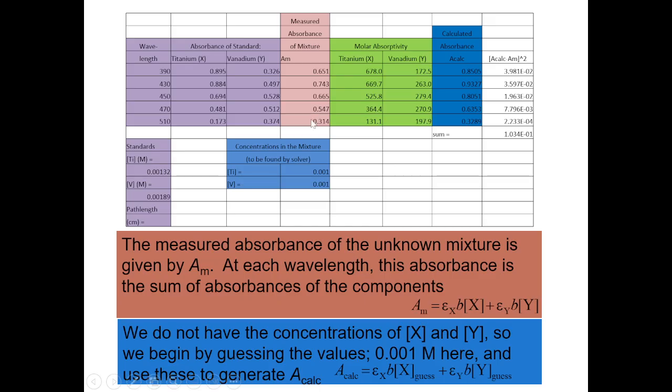Is that okay? Fantastic. Notice we have plenty of equations to solve for 2 variables, don't we? See that we have 1, 2, 3, 4, 5, 6 of them, right? No problem. Okay, that solves out to give us a 0.001 molarity.